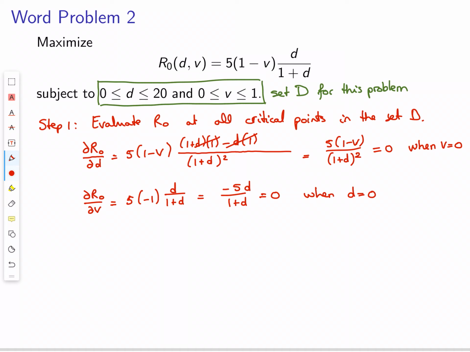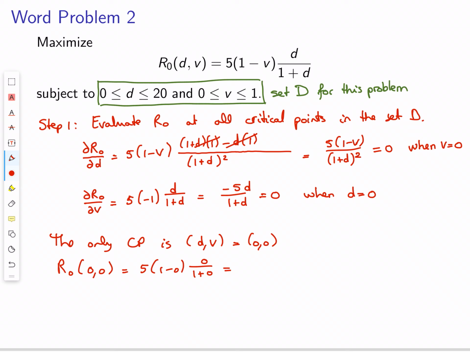That means there's only one critical point, the point (d, v) equal to (0, 0). The value of R naught at this critical point is 5 times 1 minus 0 times 0 over 1 plus 0, which is of course 0.